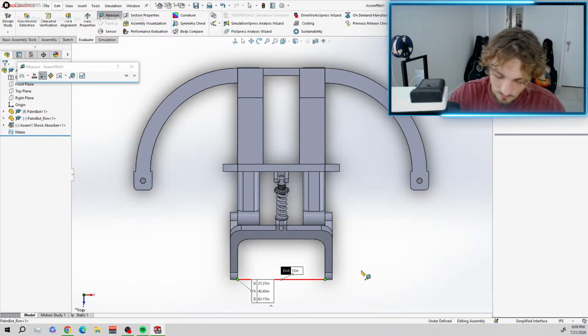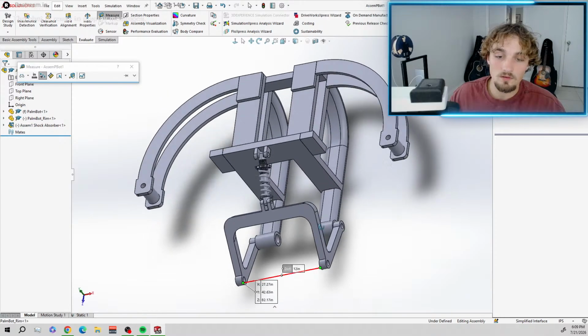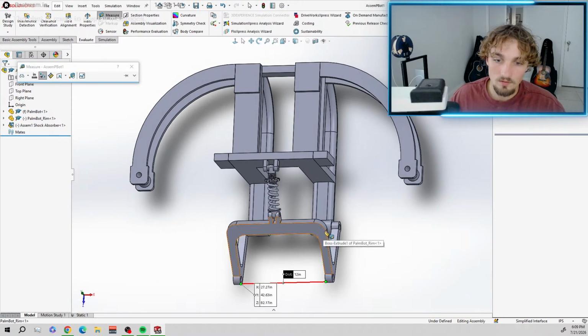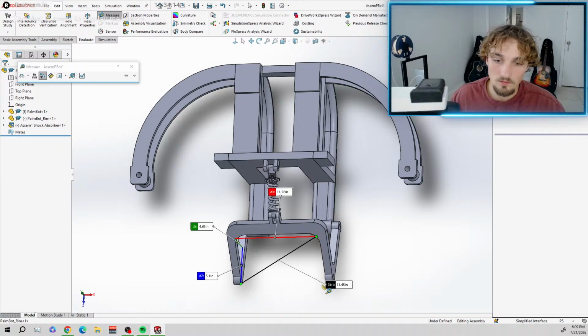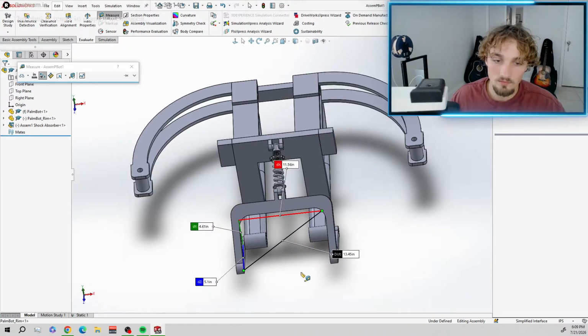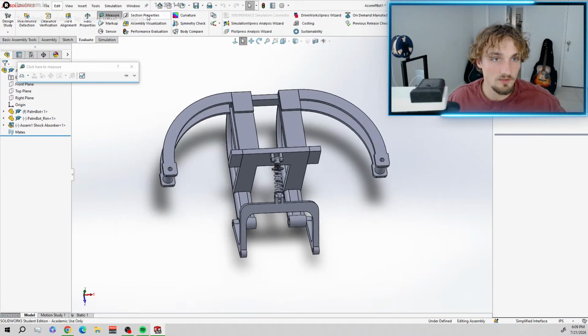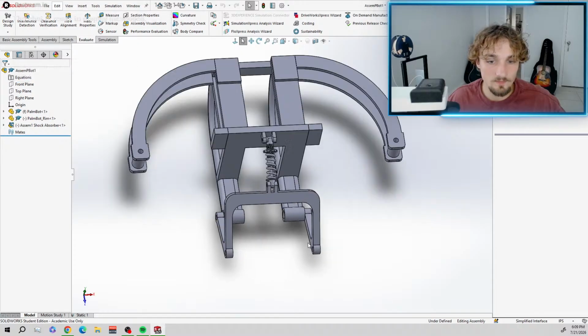12 inches. Okay, 12. What? Why'd that happen? Okay. Let's not do that. Let's try again. Measure.